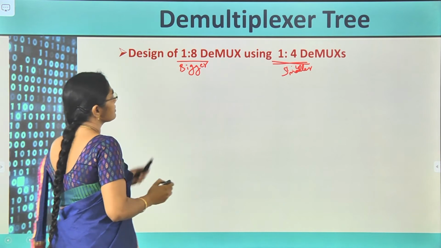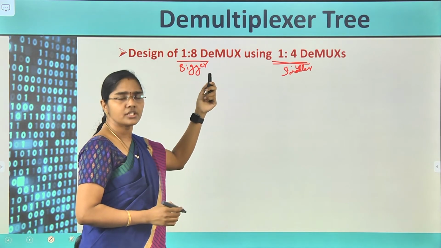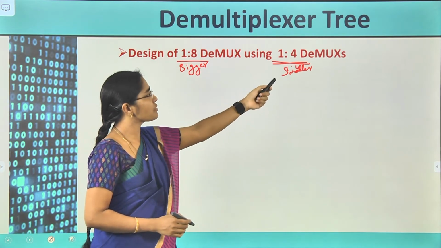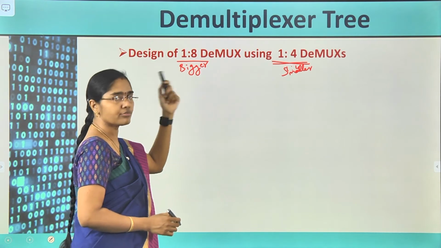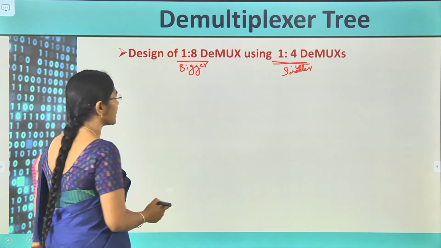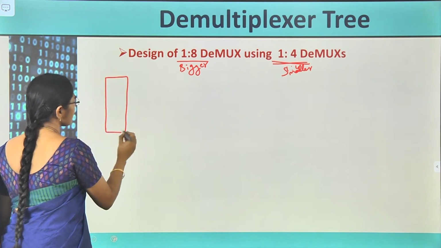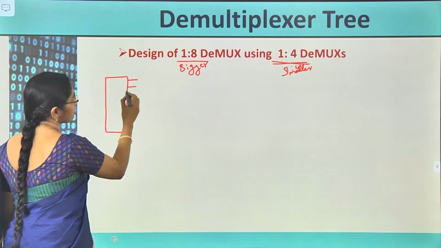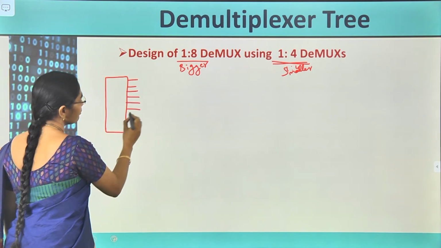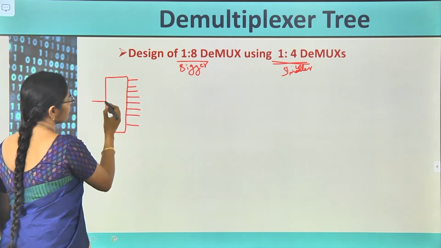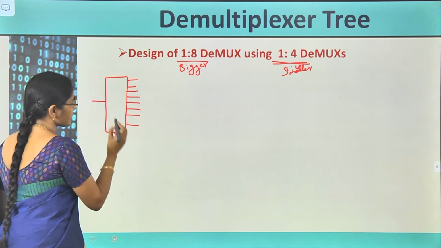For this, first we need to know how many of these smaller demultiplexers are required for the bigger demultiplexer. For that, what is the logic symbol for a 1:8 demultiplexer? Outputs are 8 lines, input is 1 and selection signals are 3.